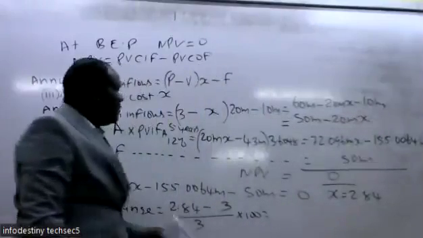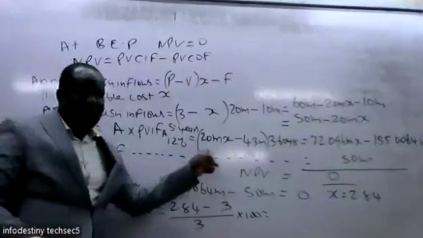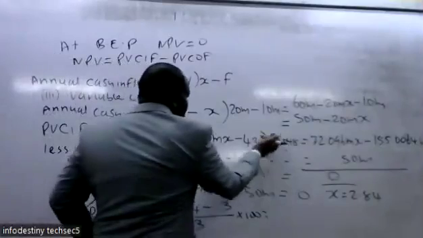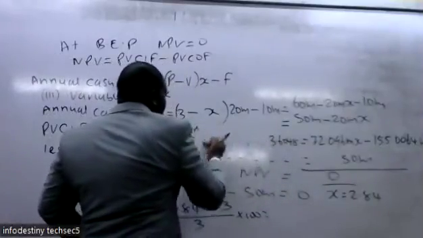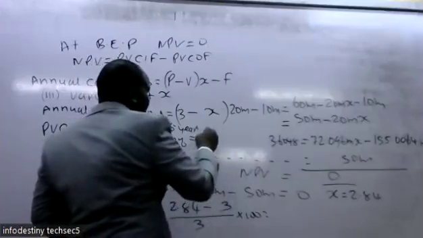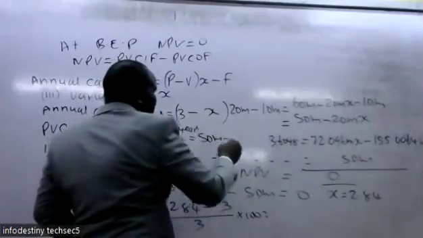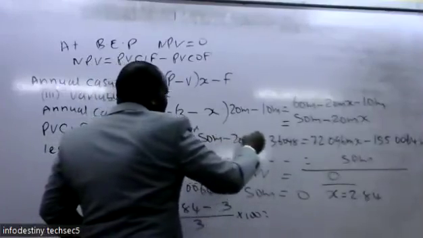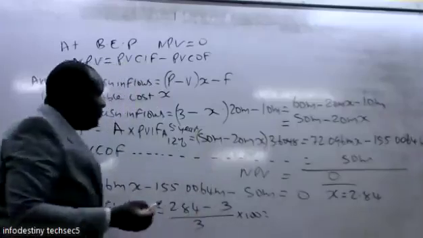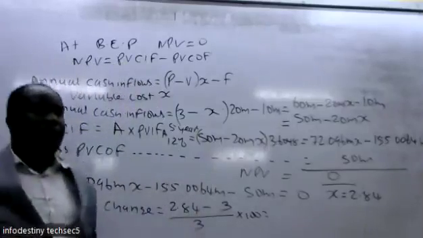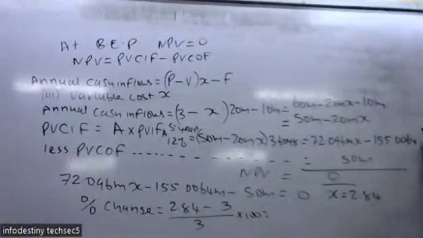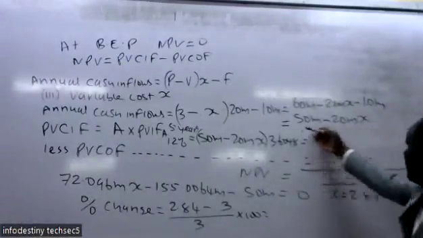Like that. So we come back to this point, where we change this figure to 50 millions minus 20 X, so that we now get the new annual cash inflows.